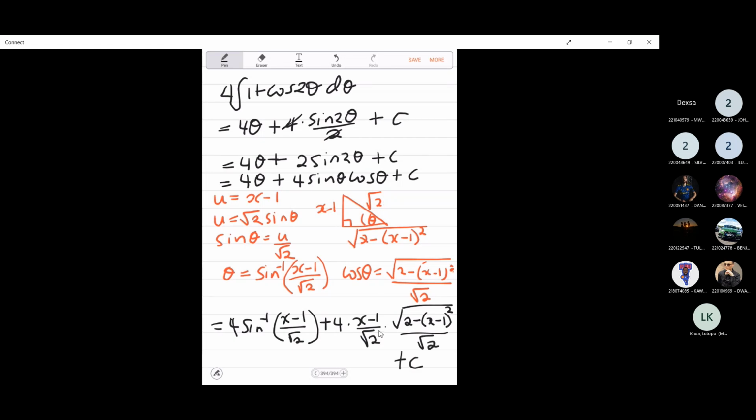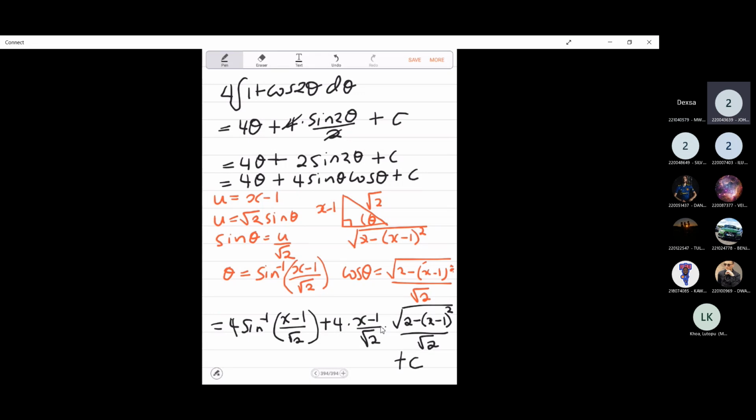So you can see this times this is 2, so you'll have a 2 here in the numerator, and yeah, that will be that.